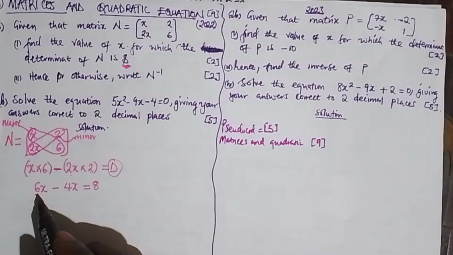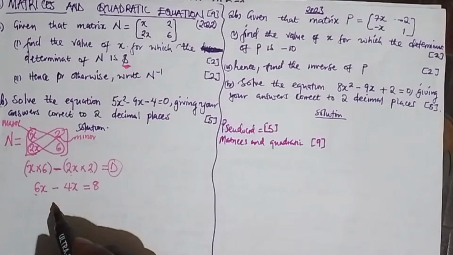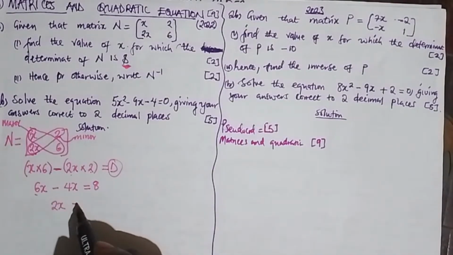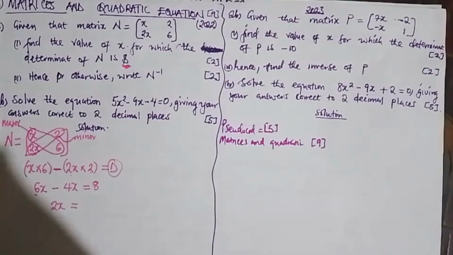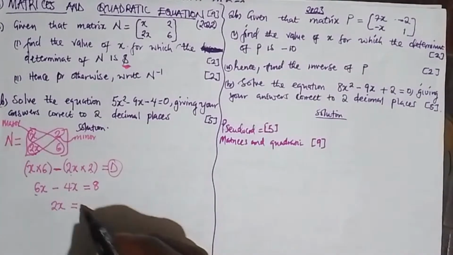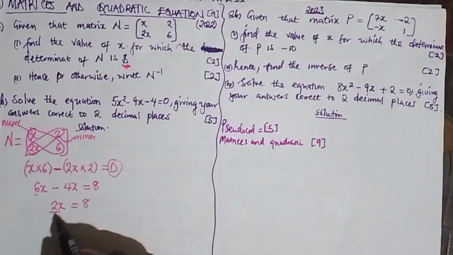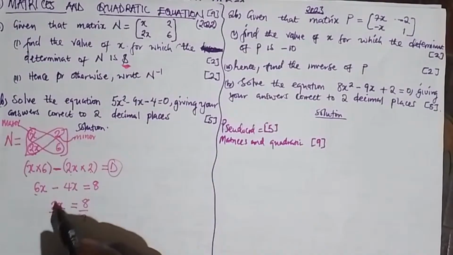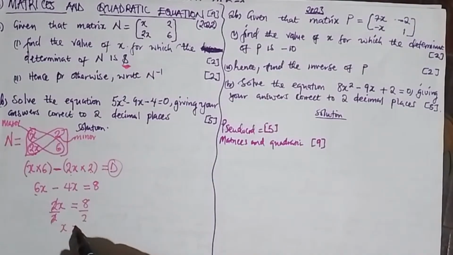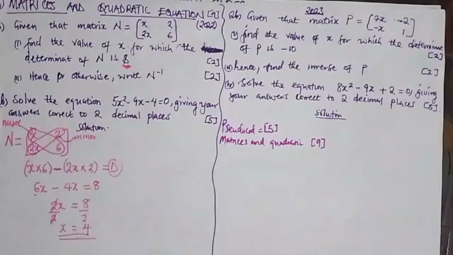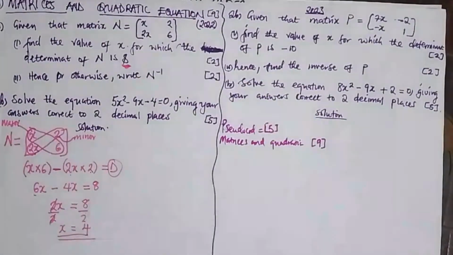Then 6x minus 4x, we have 2x, which is equal to 8. Then we divide both sides by 2, which gives x to be 4 as our answer. So the value of x here is 4.